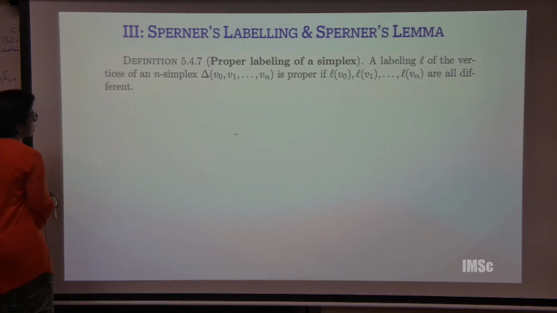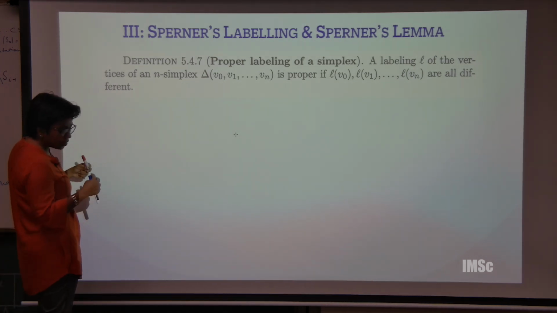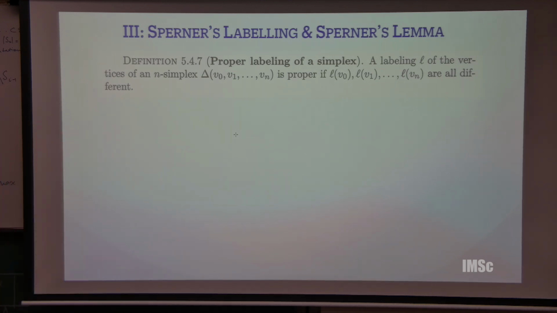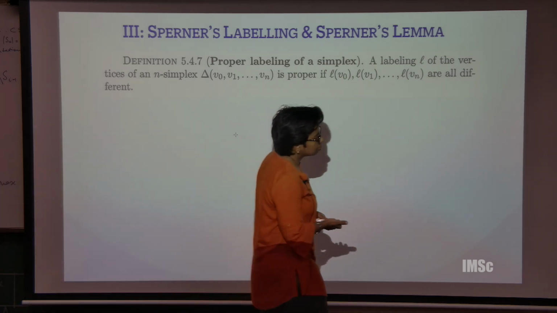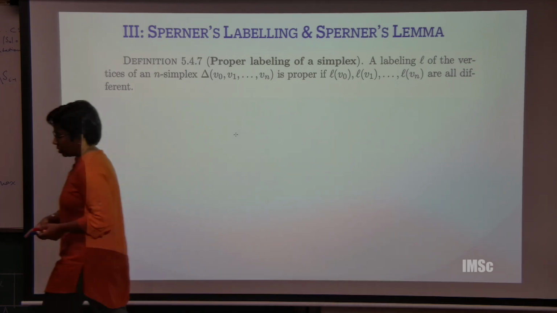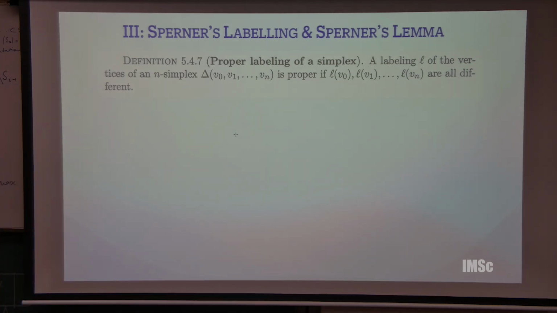There is a reason why we shifted from saying coloring to labeling. From the coloring, we will extract this thing called labeling, which has this additional property.